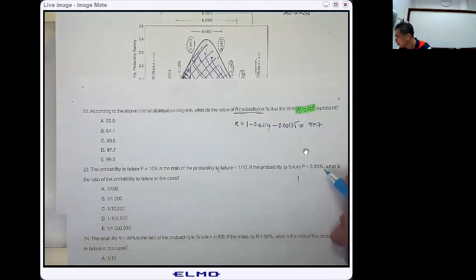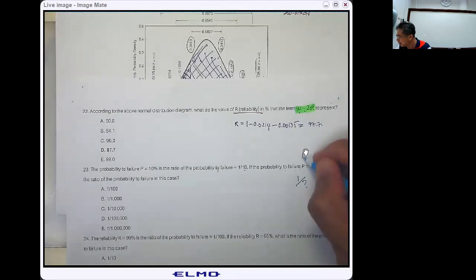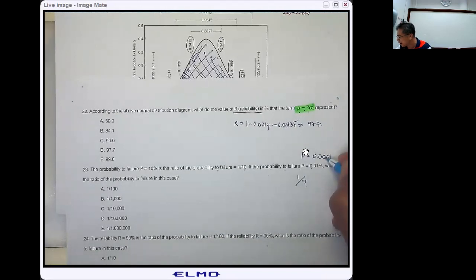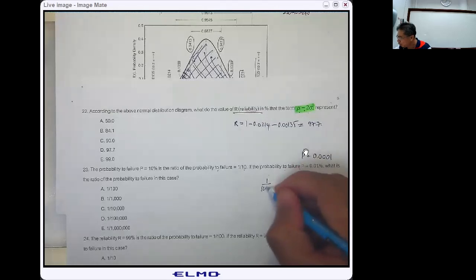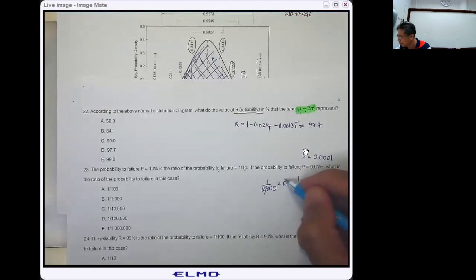That means it's going to be 1 in how many? If you put this one, it's going to be 0.000001. Take the percent out. The P is going to be this one. When you compute this, the inverse is going to be 1 over 10,000, that is 10 to the minus 4.